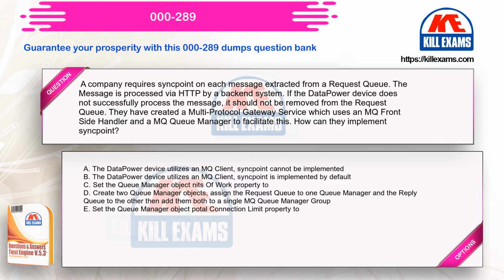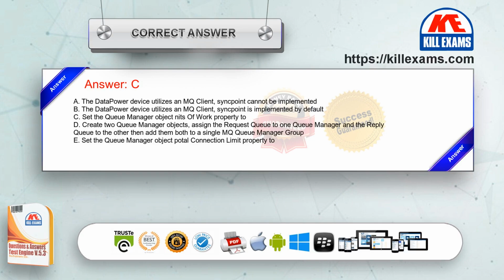Option D. Create two queue manager objects, assign the request queue to one queue manager and the reply queue to the other, then add them both to a single MQ queue manager group. Option E. Set the queue manager object total connection limit property to 1. The correct answer is option C.